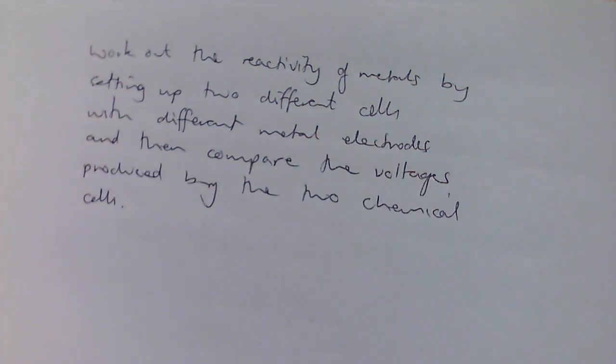So let's look at that again. What we're going to do is work out the reactivity of metals by setting up two different electrochemical cells with different metal electrodes and then compare the voltages produced by the two chemical cells.